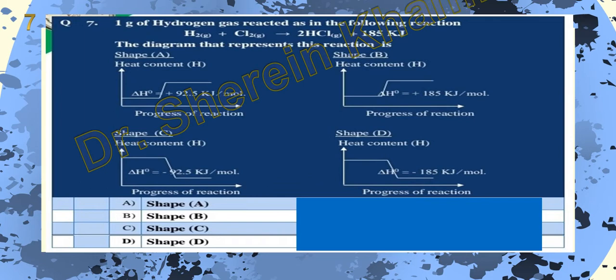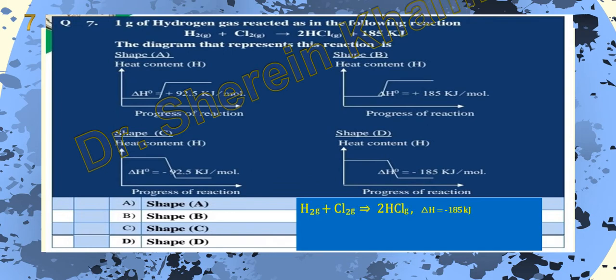If we make a reaction, it will form a bond at the end of the reaction, so it will release energy and the heat of reactant is greater than the heat of product. So shapes A and B will be wrong, as we get energy at the end of the reaction. It is the first one.